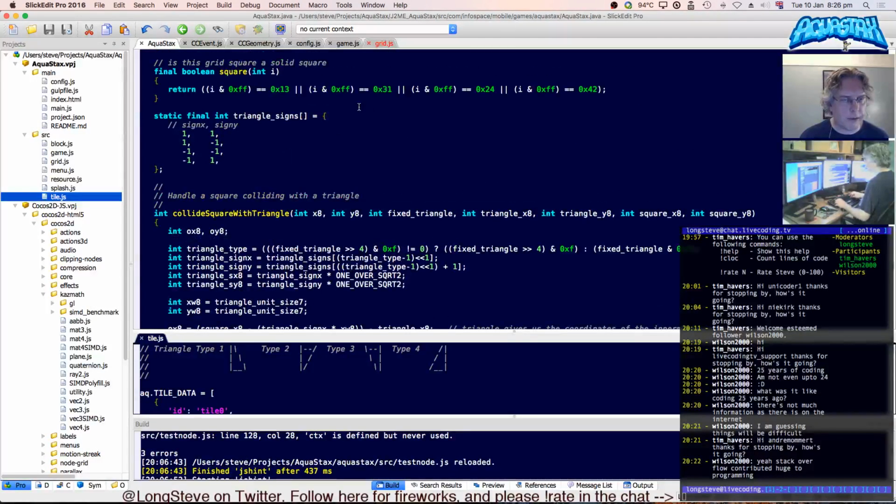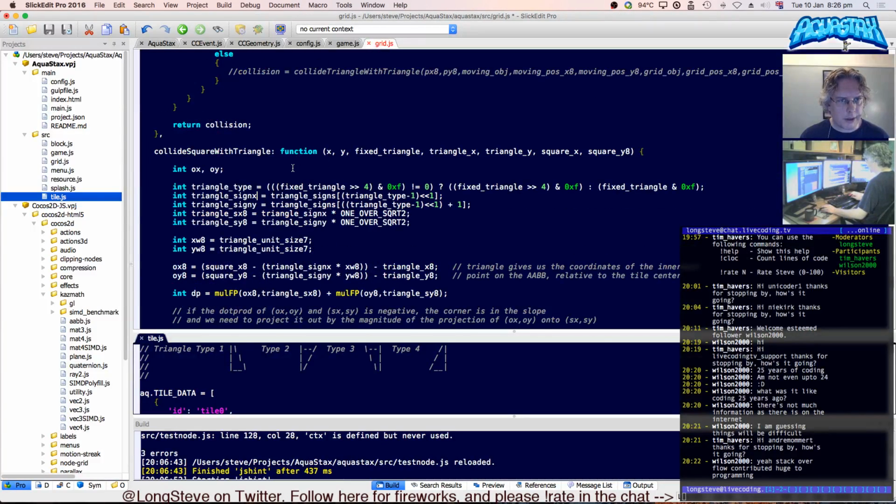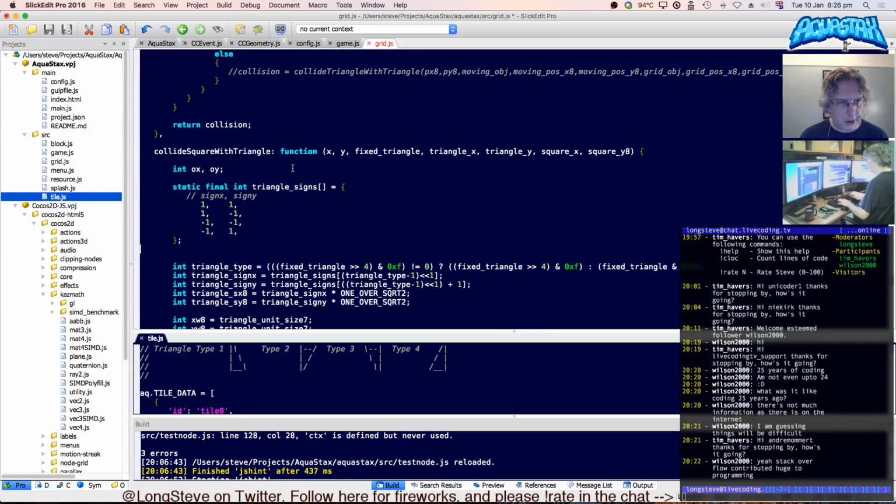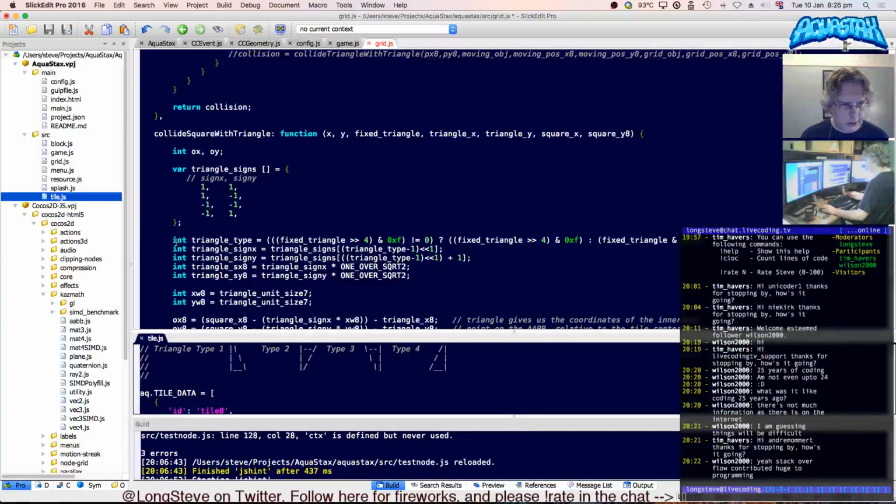Triangle sine x. That's a little table of integers here. Triangle sine x, triangle type minus 1 shifted up by 1.